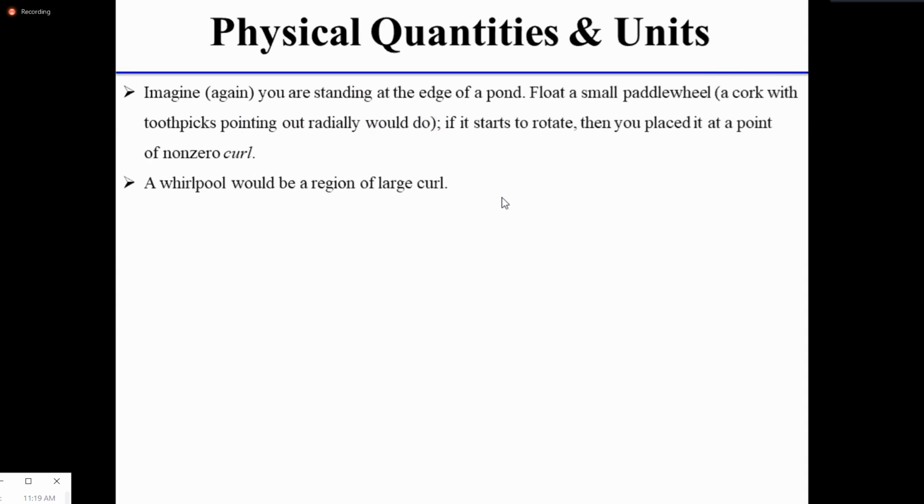You can understand this with the same logic as standing near the edge of a pond. If you put some paddle wheel or plastic wheel inside the water which is near you, and the wheel starts to rotate, then we can say that the point where you have placed the wheel has got a non-zero curl.